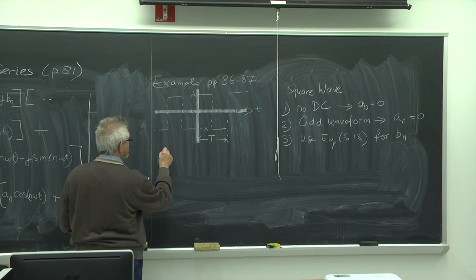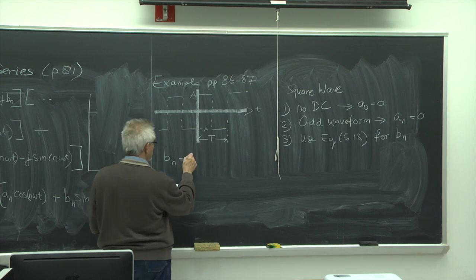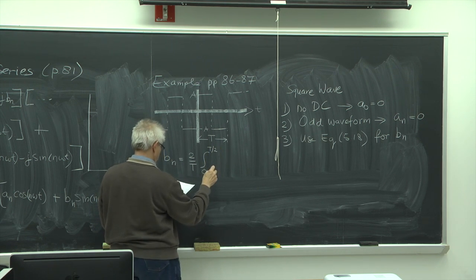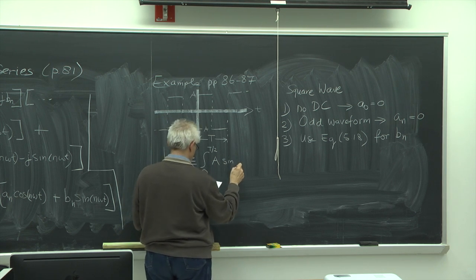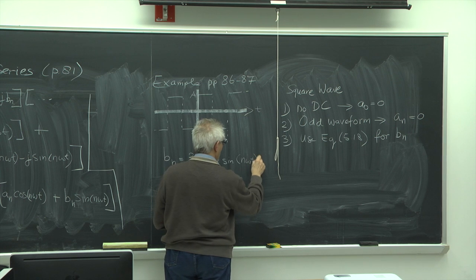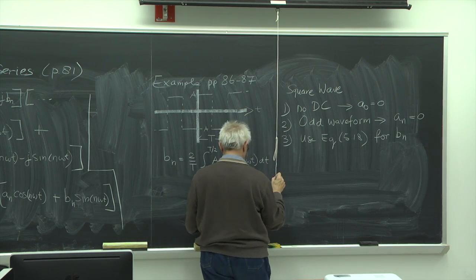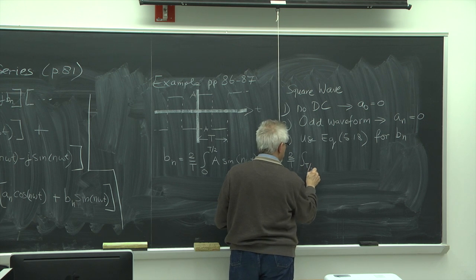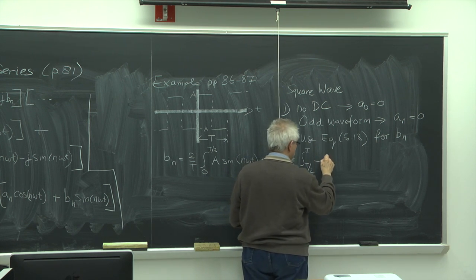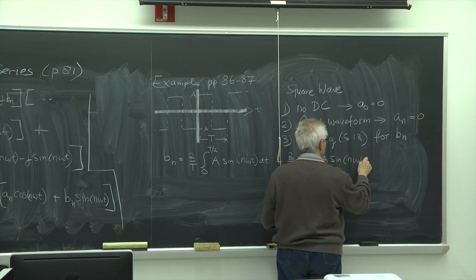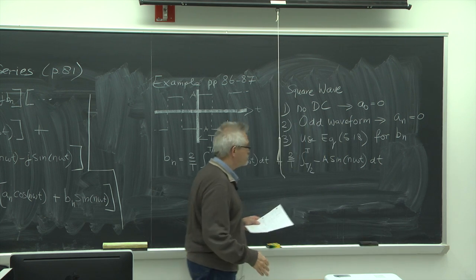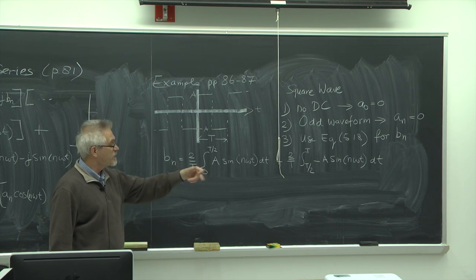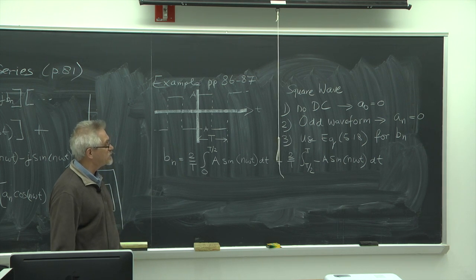So if I then apply that equation, see? So I have to multiply the function with the sine wave and then integrate over the full period and multiply it by 2 over T. That's what the equation tells me.